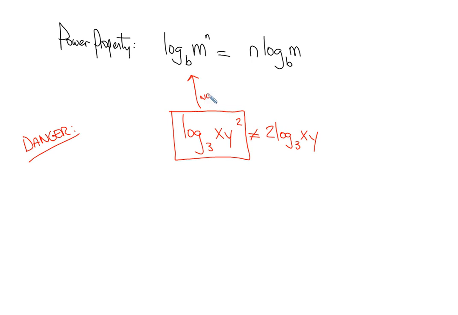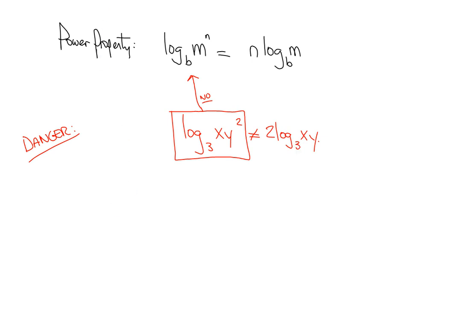No, why not? It's not the xy itself, because couldn't we just think of this whole thing as m? We're just squaring the y. Notice the property, guys, says that whatever you're taking the log of, that whole thing has to get raised to the power. Is this whole thing being raised to the power? No, only the y is being raised to the power. So since the whole thing is not being raised to the power, we can't move that exponent out to the front, because if I move it out to the front, now it's affecting the x and the y. That's not correct. That's not what the original said.